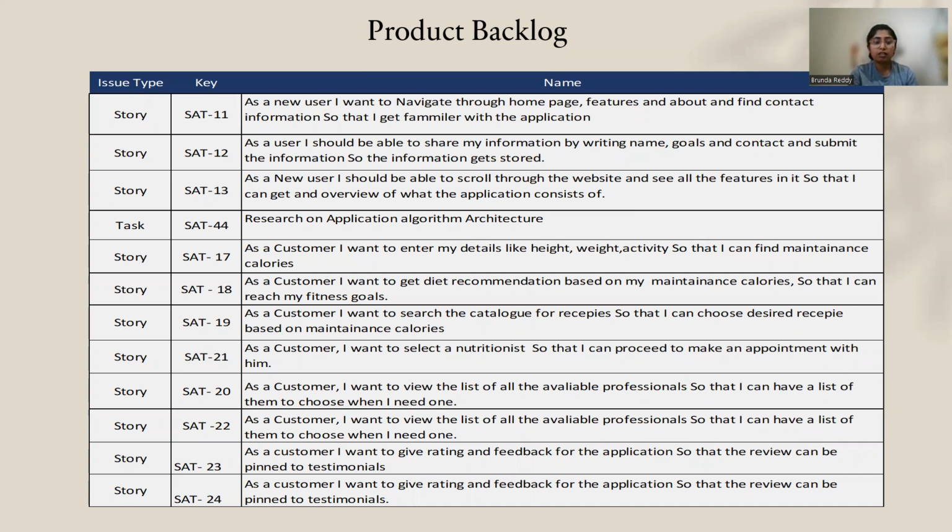And as a customer, I want to enter my details like height, weight, activity so that I can find maintenance calories. So likewise, we have listed down all the stories and tasks along with the key with which we are able to access them. And the next comes the sprint 5 backlog.